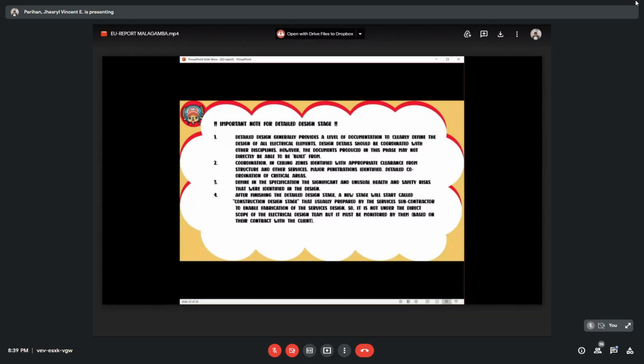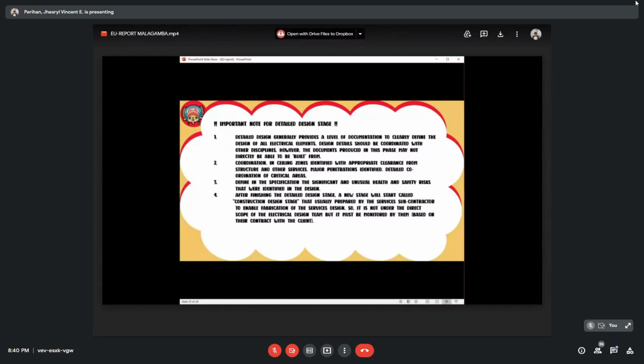So second, coordination in ceiling zones identified with the appropriate clearance from structure and other services, major penetration identified, detailed coordination of critical areas. Next, define in the specification the significant and unusual health and safety risks that were identified in the design.